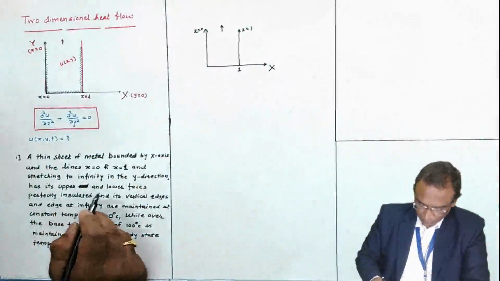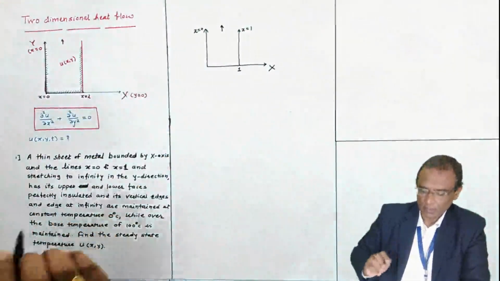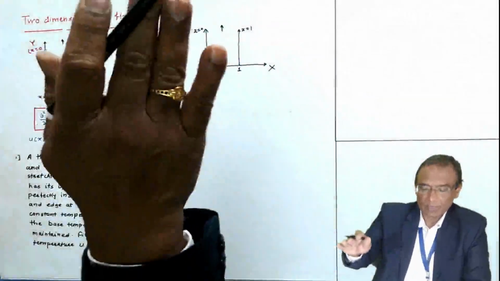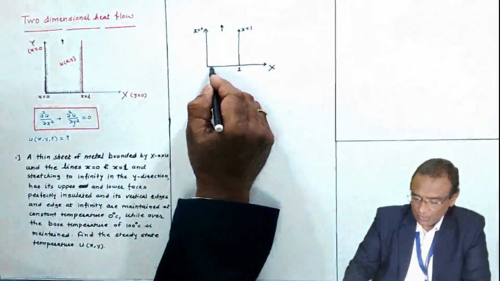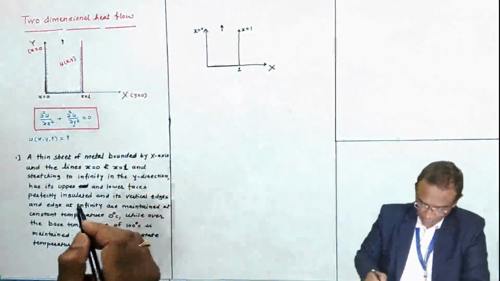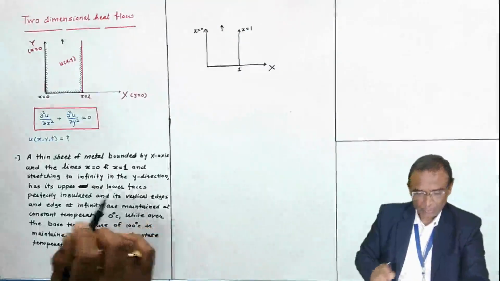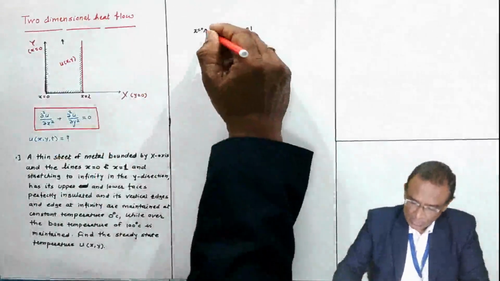It has its upper and lower faces perfectly insulated. The upper face, which occurs at infinity level, and the lower face, these two faces are insulated perfectly. Its vertical edges, this edge is a vertical edge.